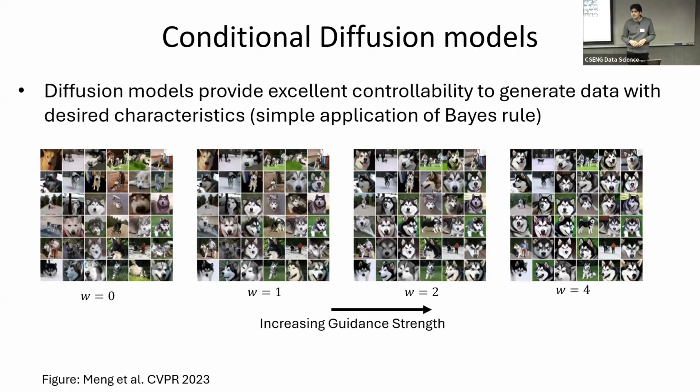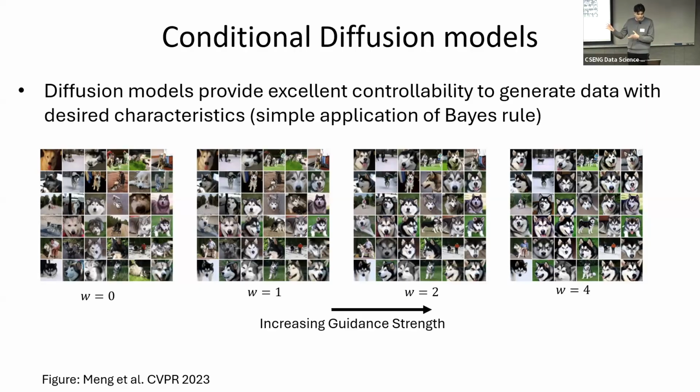But one big use case of generative modeling is not to just generate any sample, but to generate samples with certain characteristics we care about, right? This is, in fact, one of the big reasons why diffusion models are all over the place in so many different domains: they allow this very excellent controllability, much better than the other model families, to guide towards the characteristics that we want.